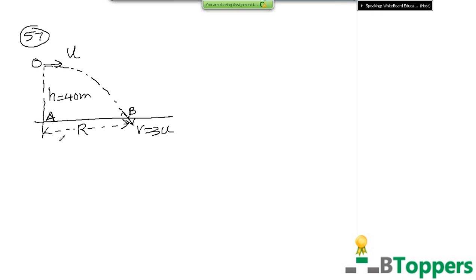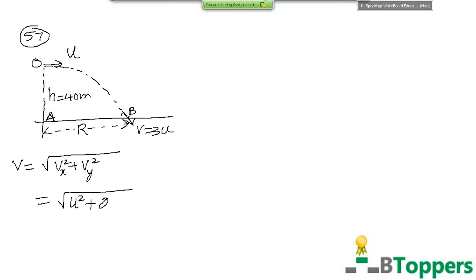To find this horizontal range, you have to find the value of u. The magnitude of the velocity of the projectile at any instant during the motion under the influence of gravity is v equal to root of vx square plus vy square. As explained in the question number 55, vx can be written as u and vy square can be written as 2gy.